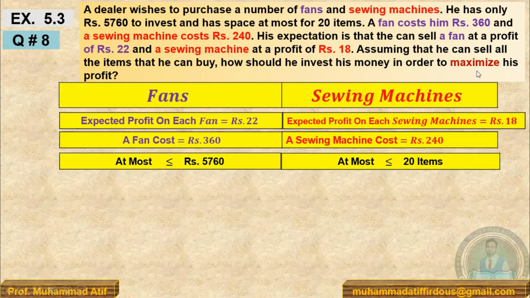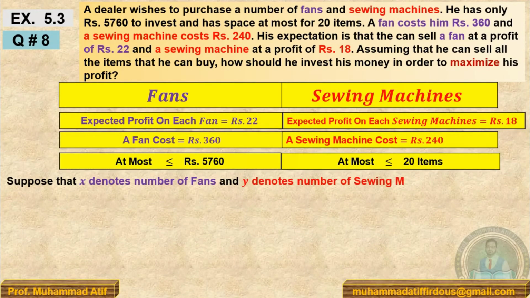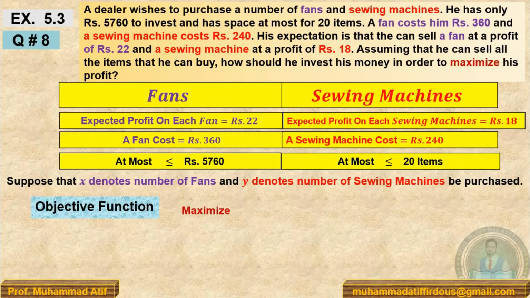You have to find the maximum of the objective function. Again, suppose x denotes the number of fans and y denotes the number of sewing machines. So make an objective function, maximize z is equal to 22x. We have 22 rupees profit on each fan and 18 rupees profit on each sewing machine.